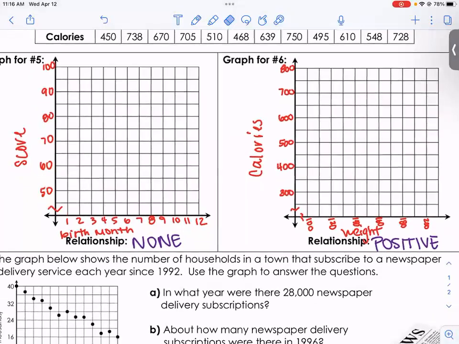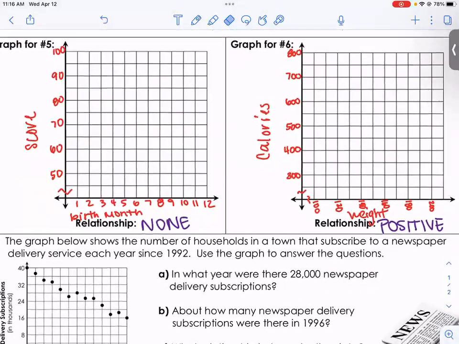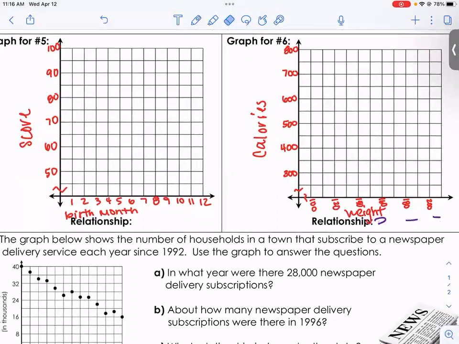I want you to turn to page 28. I want you to label your graphs like I did up here so that you don't have to worry about how to label your X and Y axes. All of page 28 is your homework, but cross out number 4. I want to give you an opportunity to at least label your graphs so that it can help you.